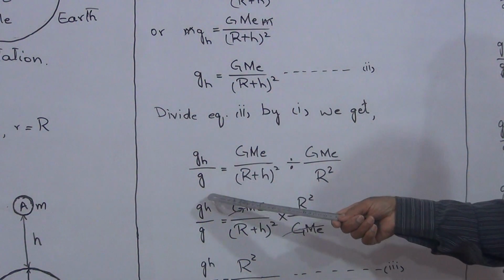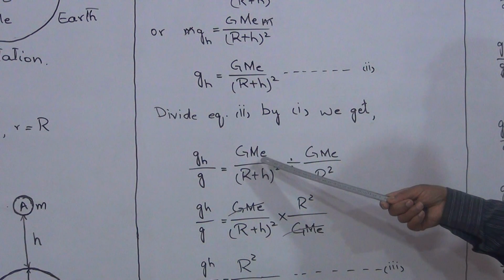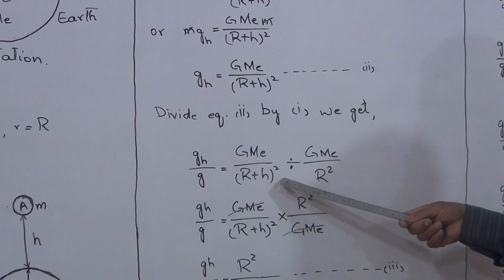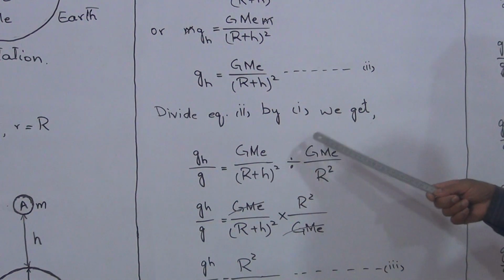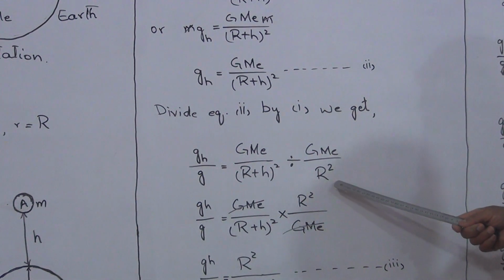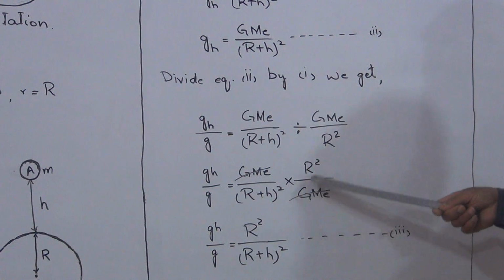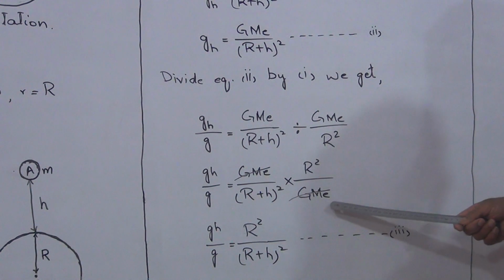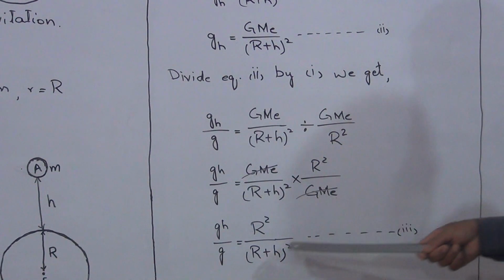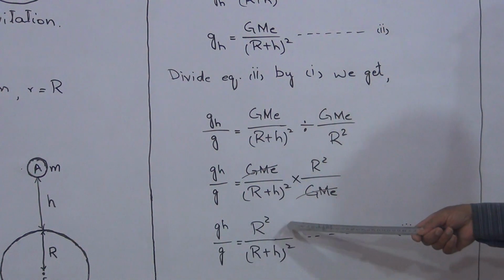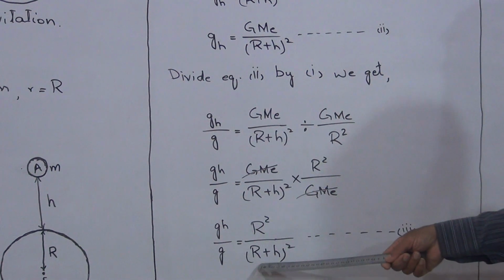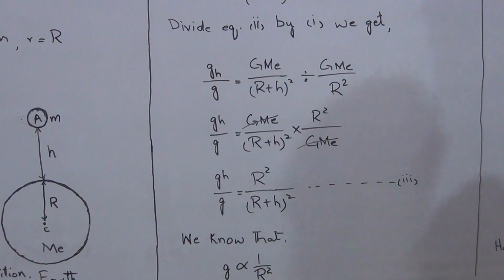We get g h upon g equal to G Me upon (R plus h) whole square, divided by G Me upon R square. Now by taking the inverse, G Me cancels on both sides, and we get g h upon g is equal to R square upon (R plus h) square.